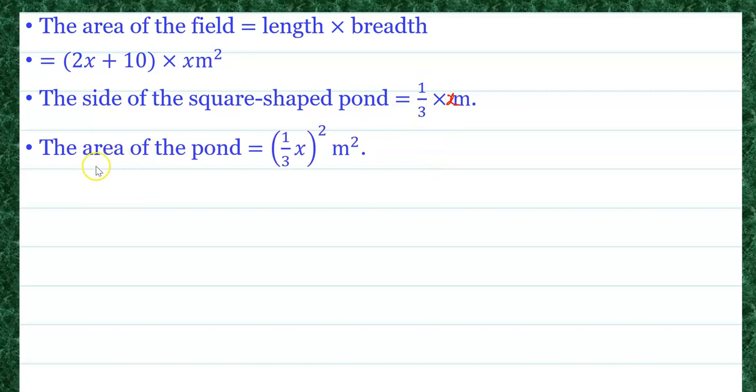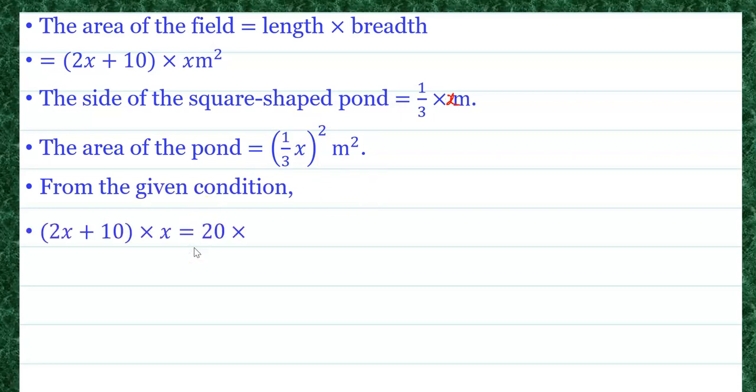Next, the area of the pond is equal to, since it is a square shape, its area is side square, that is (1/3 x) square meter square.